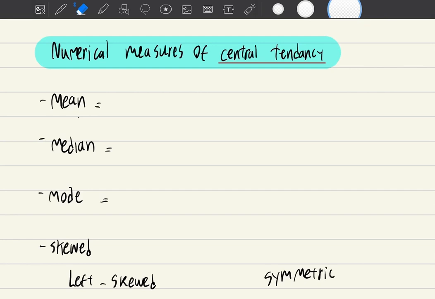In this part, we're going to use three statistics: mean, median, and mode. Mean is the average of the data. To find the average, sum all the data and divide it by n.